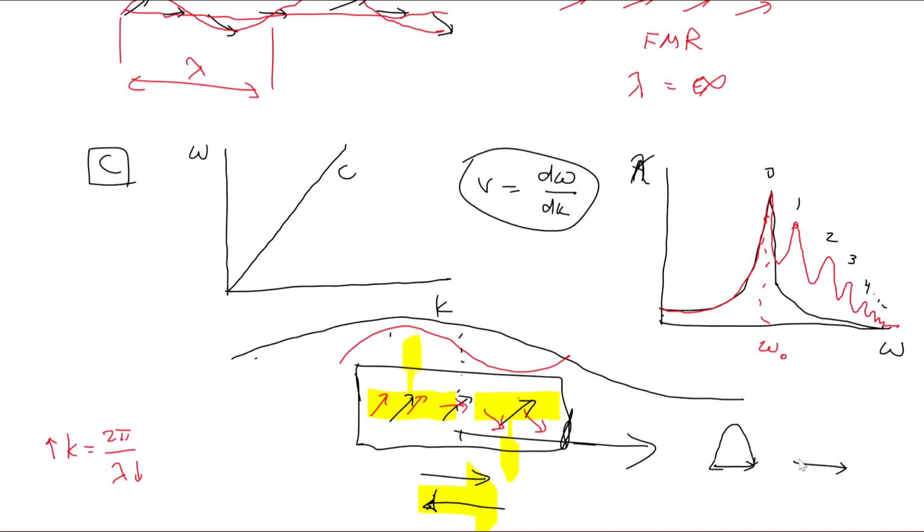Then within this same length, you can have 2 half wavelengths. Then you can have 3 of them, 4, and so on. All these standing waves in the material correspond to these peaks. This phenomenon is related to spin waves, but it's a standing wave, so this is called spin wave resonance.